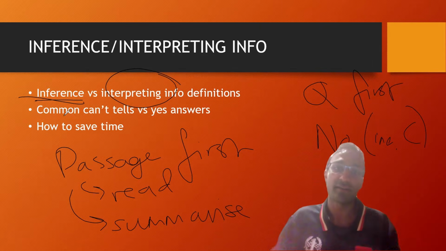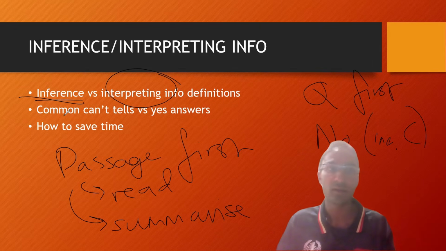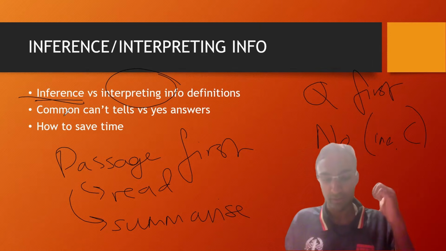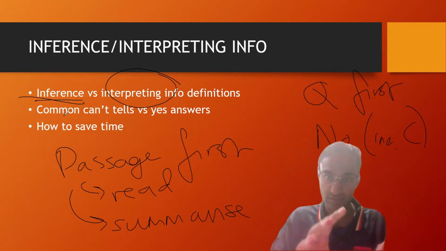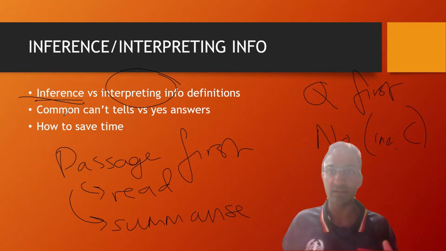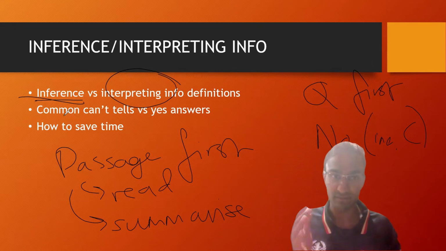Those are can't tell, so it's no straight away. So basic things are the answer is no unless it's a definite yes for the interpreting information when there's a graph. Anything outside the graphs is can't tell and hence is no.